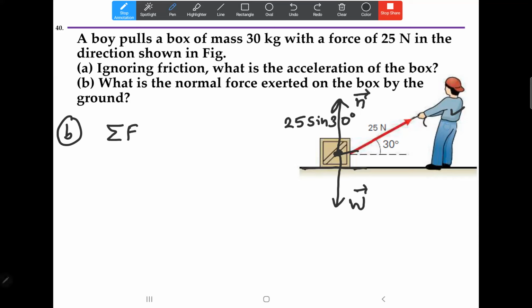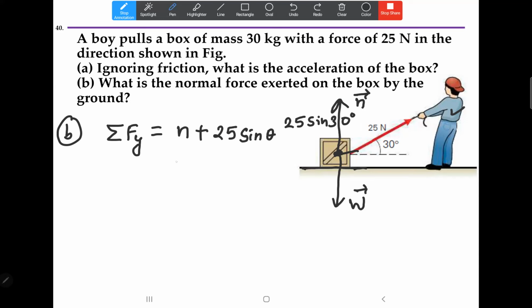The sum of forces along the y-axis will be equal to, upward being positive, N, the normal force, positive, and 25 sin theta, also positive.